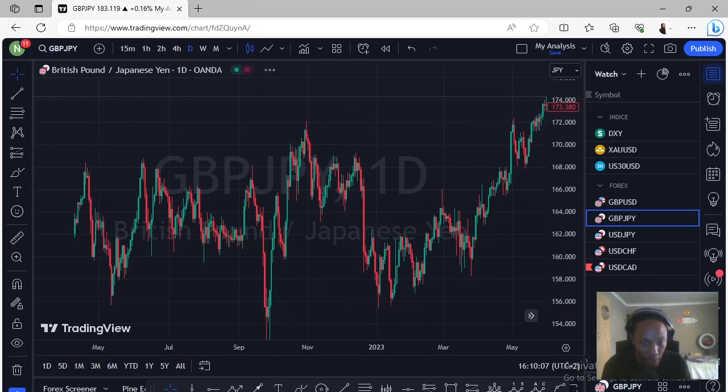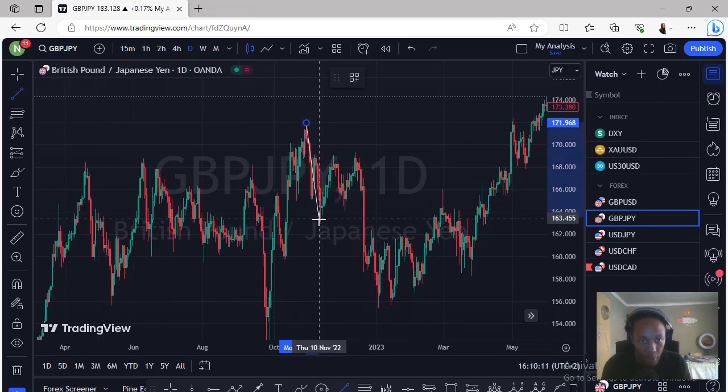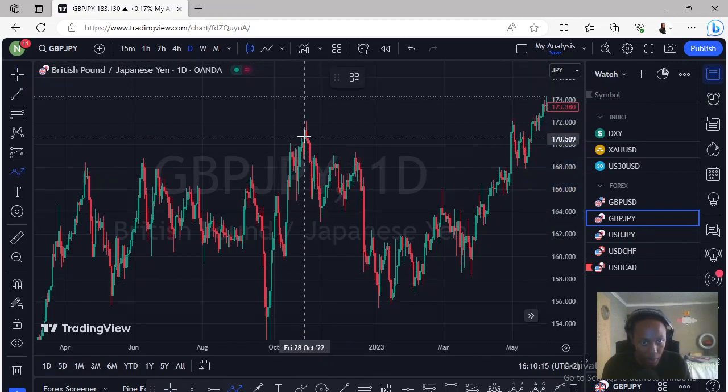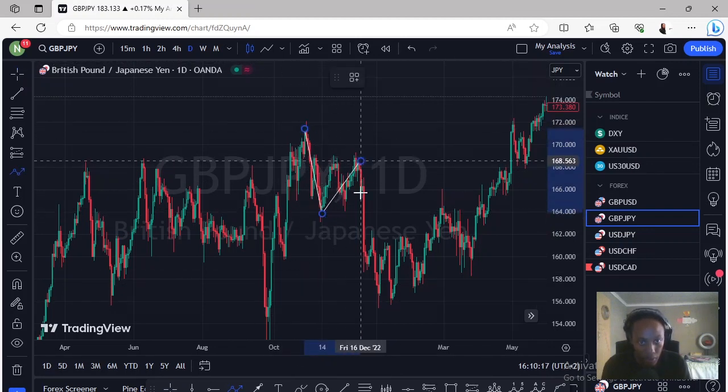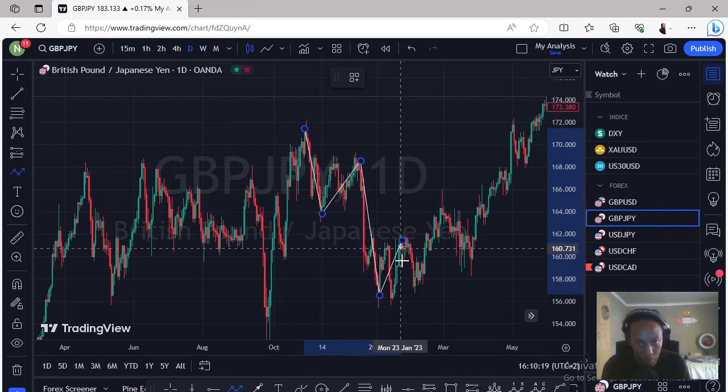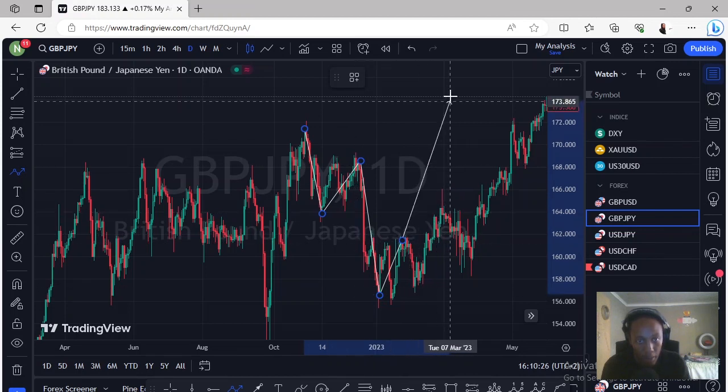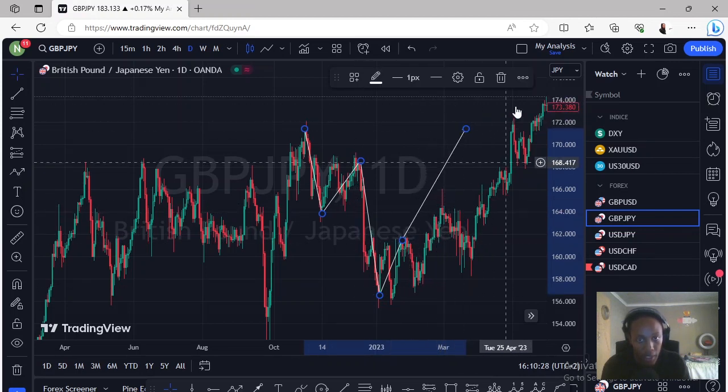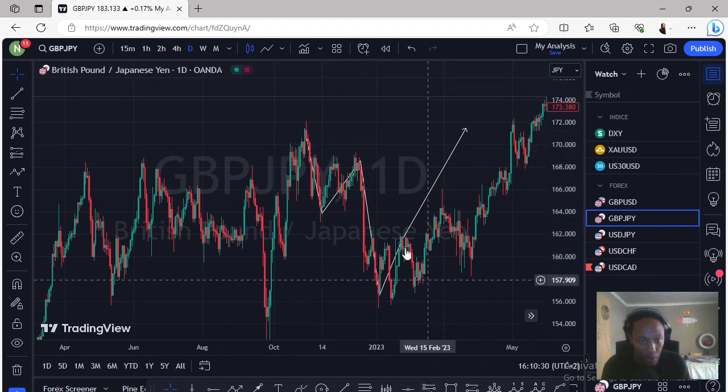We had this small downtrend over here. The minute we failed to break below and we broke above, we knew the market had to come to this level over here.